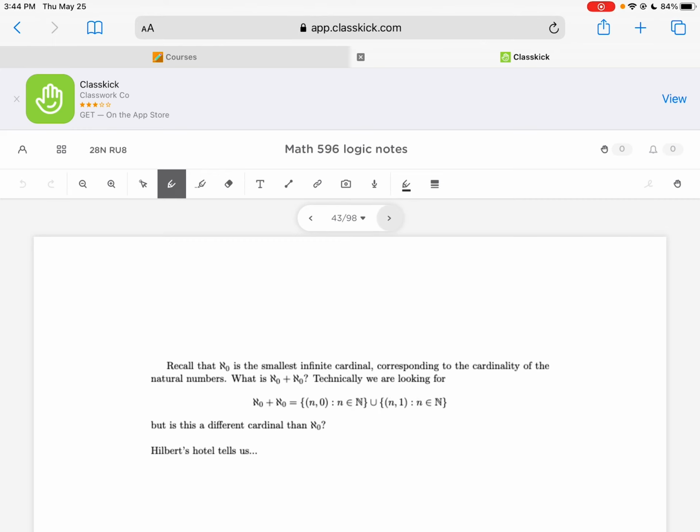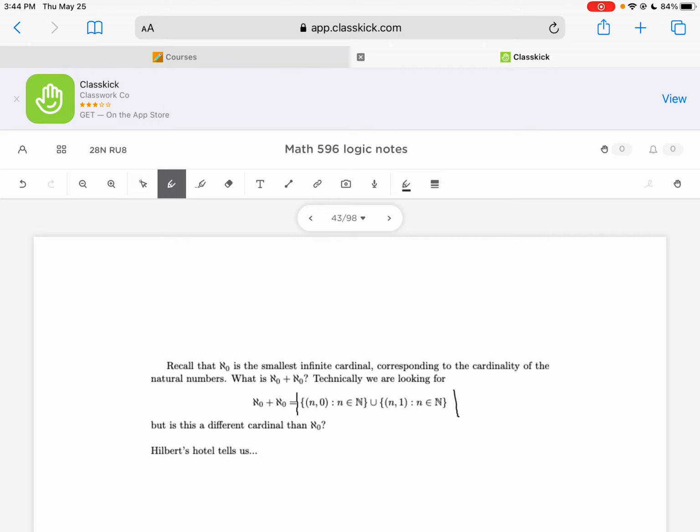So remember, we say that Aleph naught is the smallest infinite cardinal number, and it corresponds to the cardinality of the natural numbers. What would Aleph naught plus Aleph naught be? By definition, Aleph naught plus Aleph naught is, again, missing some absolute value bars here, the absolute value of the set of all ordered pairs of the form (n, 0), where n is a natural number, along with (n, 1), where n is a natural number.